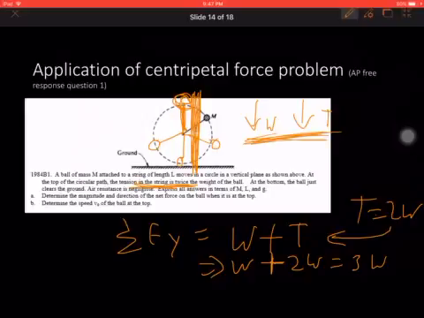So the magnitude of the net force on the ball at the top is 3 times its weight, or 3W, which is also 3mg, because weight is nothing but mg. And it's pointing downward.